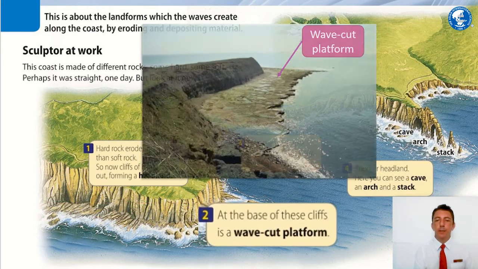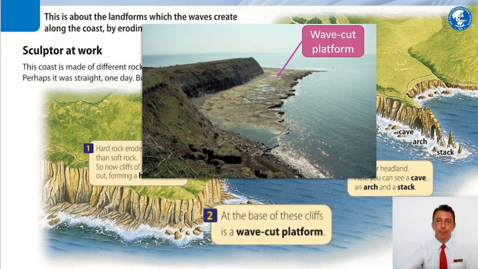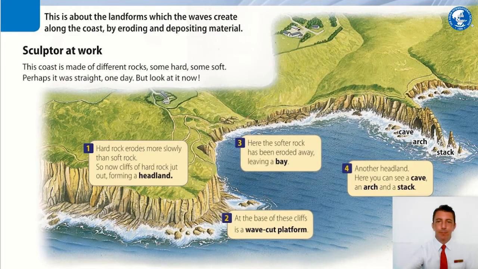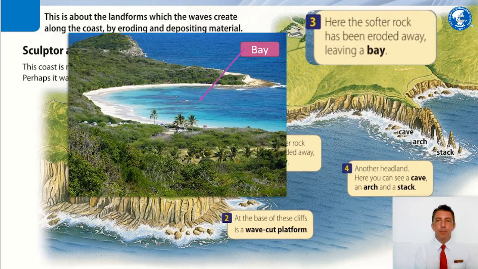Number two, at the base of the cliffs is a wave-cut platform. Number three, here the softer rock has been eroded away. So between two headlands, we have a bay.